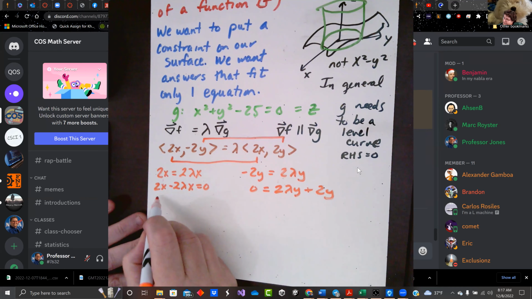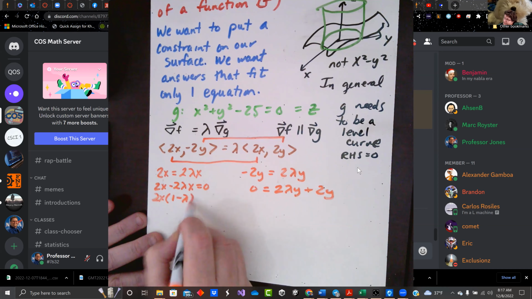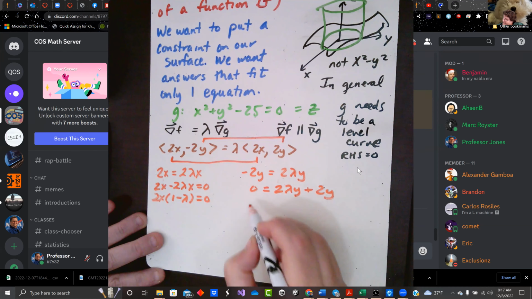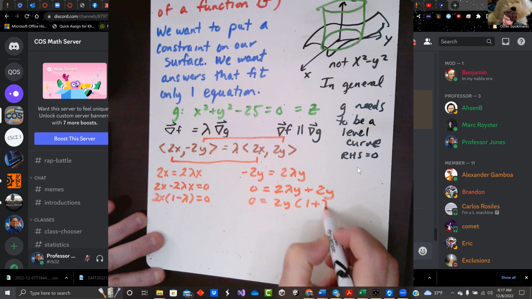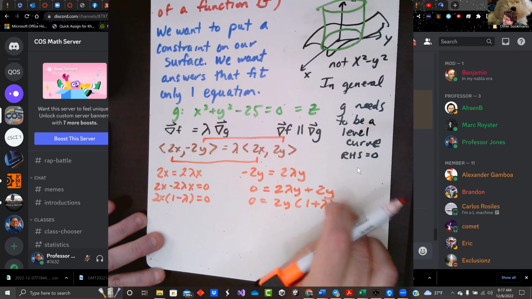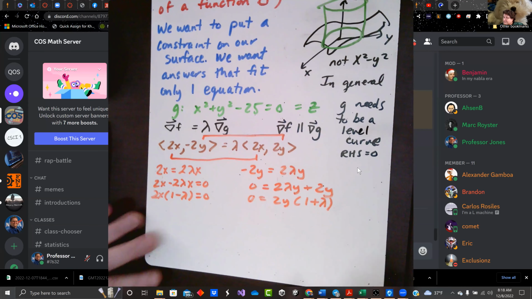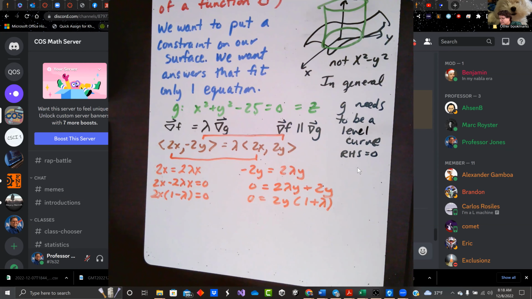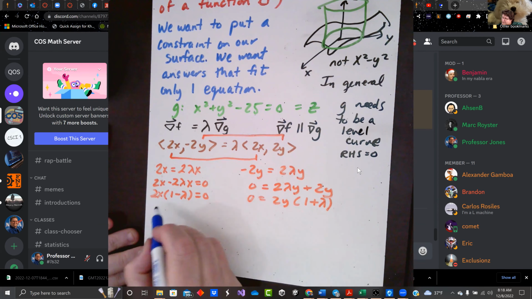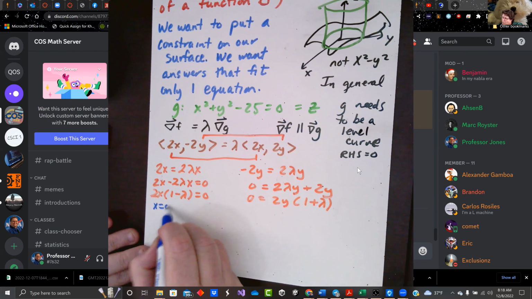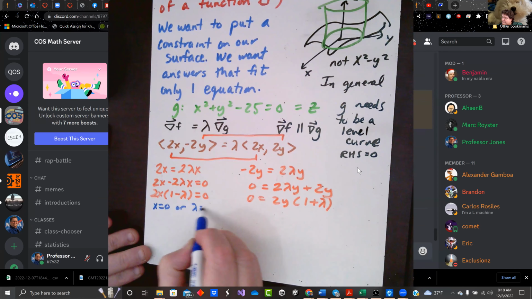I could factor out a 2x on this one, and I've got 1 minus lambda equals 0. And over here, I could factor out a 2y, and I've got 1 plus lambda equals 0. So this tells me x equals 0 or lambda equals 1.